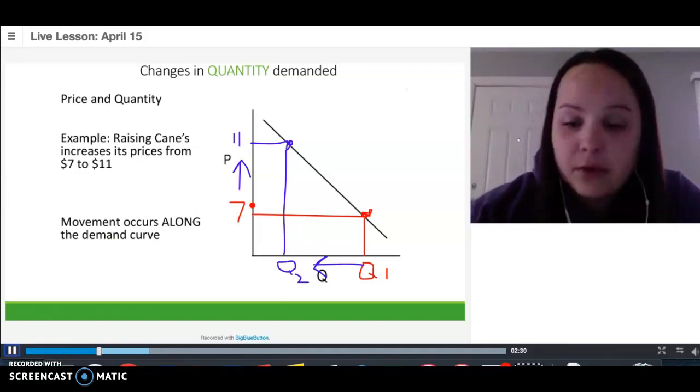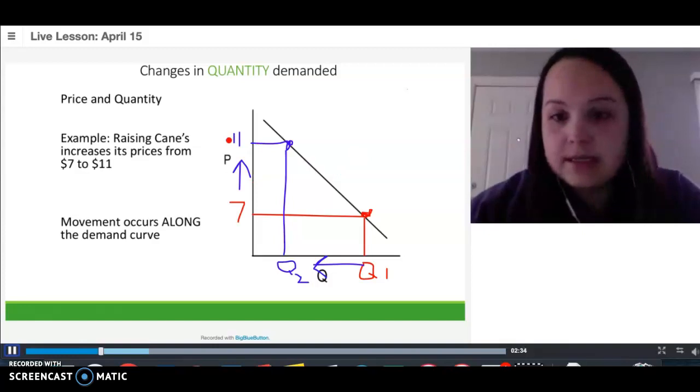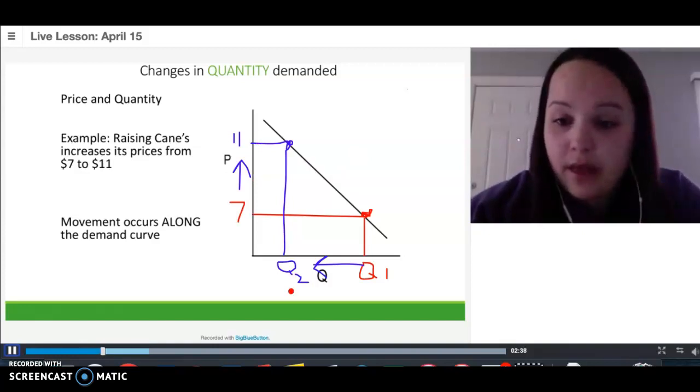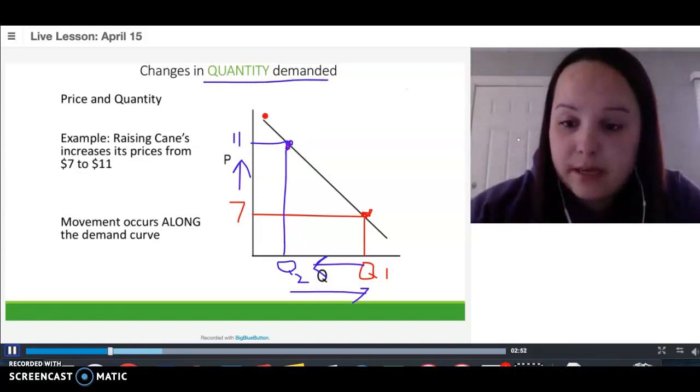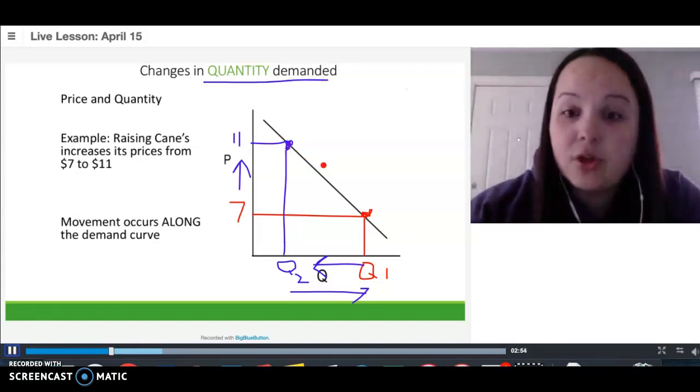Now, it's important to point out that the opposite could also be true. If Raising Cane's started its prices at $11 and then went down to $7, then the quantity demanded would have increased from Q2 back to Q1. So that's an example of the law of demand as we see in quantity demanded. When we're looking at quantity demanded, these two price points that you see here on the curve, that's a change in quantity demanded.